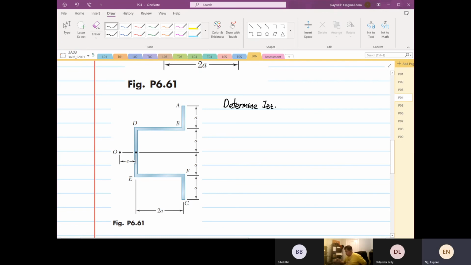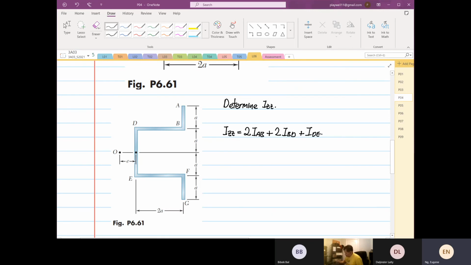Okay, that's what we want to find out here. Okay, so IZZ is equal to twice of IAB plus twice of IBD plus IDE, right? Because the top and bottom are the same.